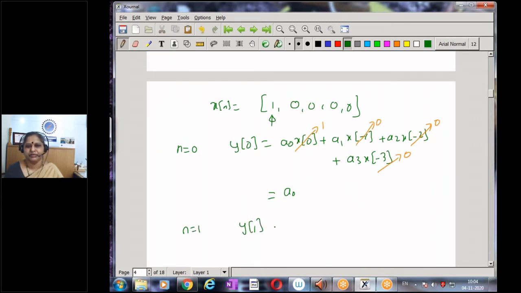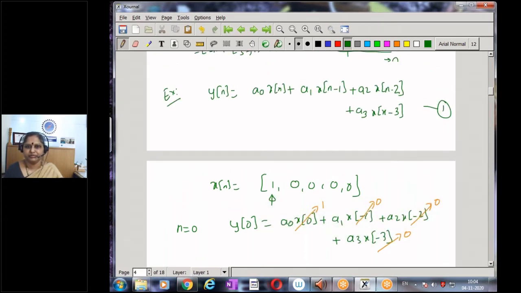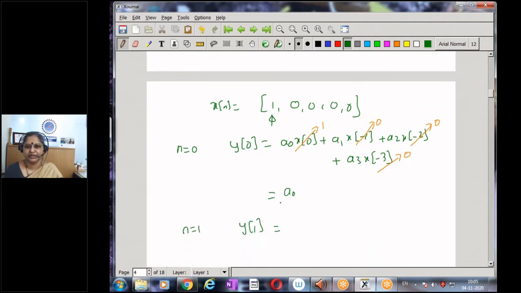Similarly, in the same difference equation, I will put n equal to 1 and get the value of y of 1. It now becomes a0 x of 1 plus a1 x of 0 plus a2 x of minus 1 plus a3 x of minus 2.